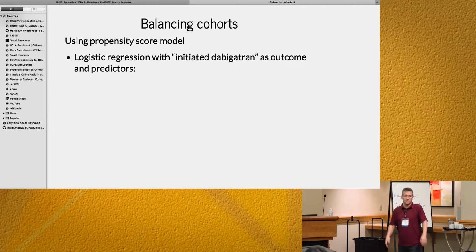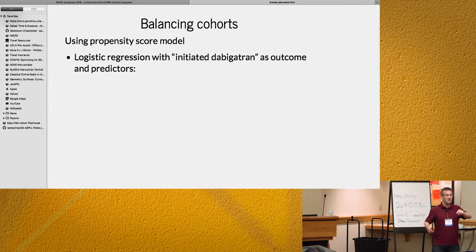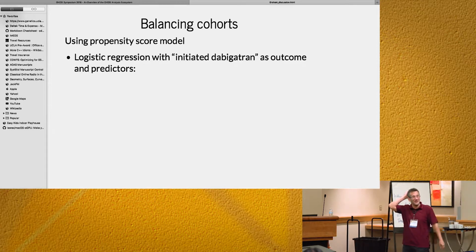So, yeah, propensity score model is not quite a very fancy name just for saying we did a logistic regression. So, who's done a logistic regression in this room? Like, everyone really should raise their hand, right? Who's done a propensity score in this room? Like, no one will raise their hand, except for those that know that they're just a logistic regression where the outcome is treated with one of the drugs. And in this case, treated with dabigatran.